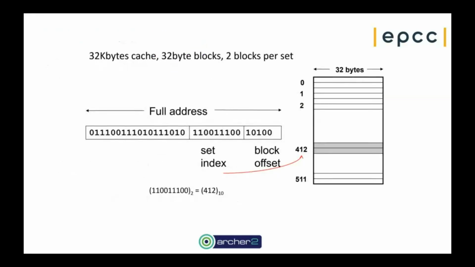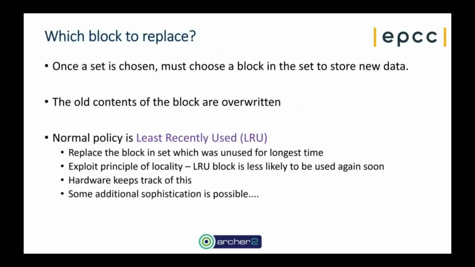So what we generally have is this idea of cache sets, and each set is given a number, and then every part of memory maps to a particular set. In this case, we've got 512 sets, and every part of memory will map to one of them. That means multiple bits of your memory map to the same set, which is fine, but that's how it works. And then when you load in a new bit of data, it will replace some data that exists in the cache already.